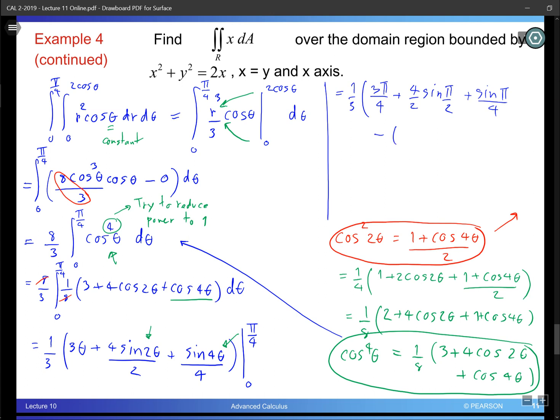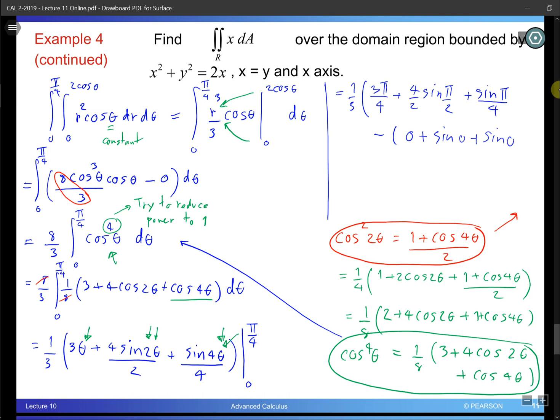minus 0 goes in. This is going to become 0. Plus 0 goes in here, sine 0, sine 0, plus 0 goes in here, becomes sine 0 again.